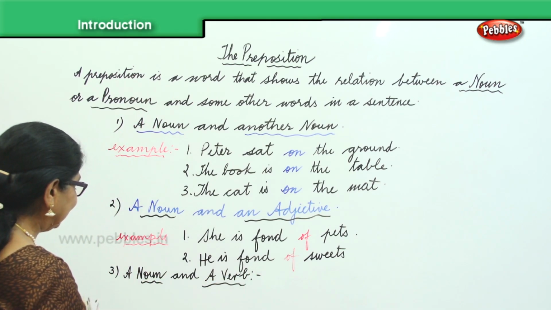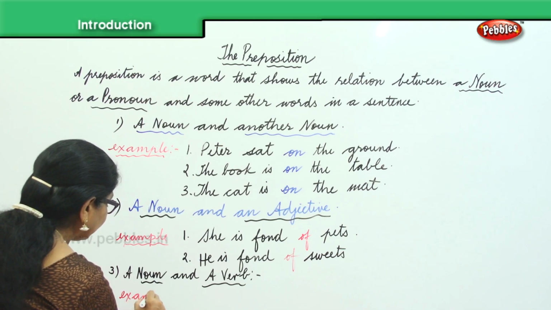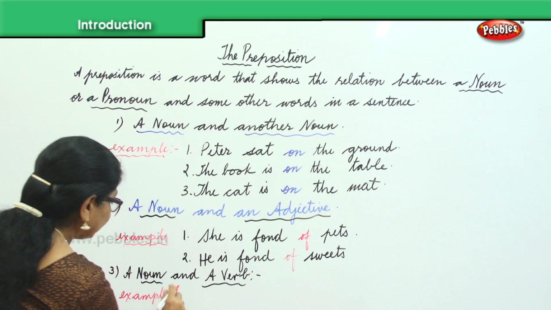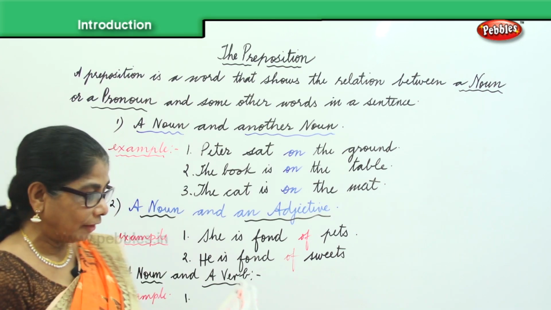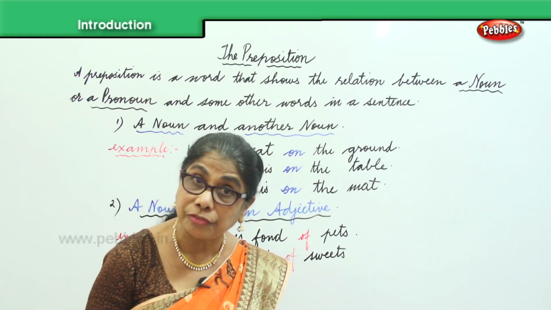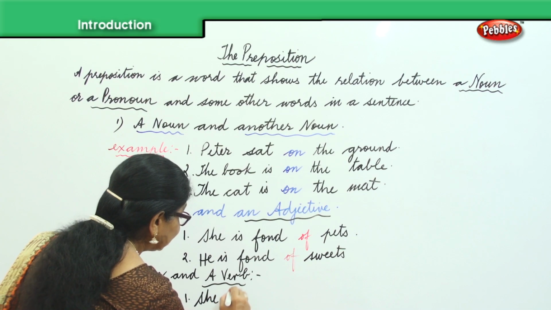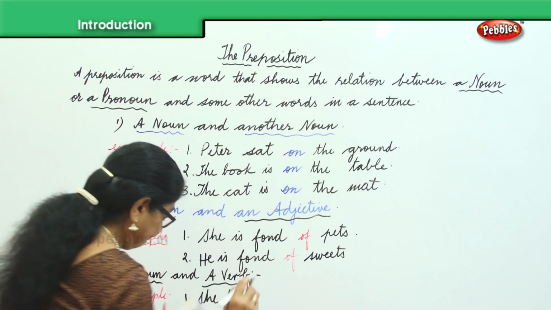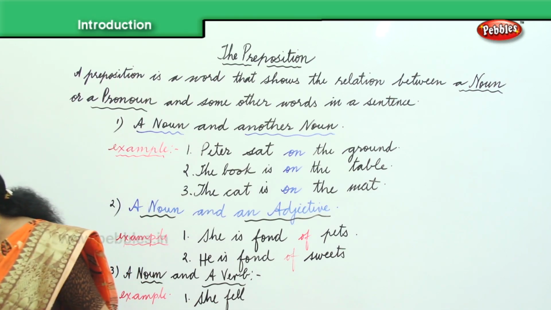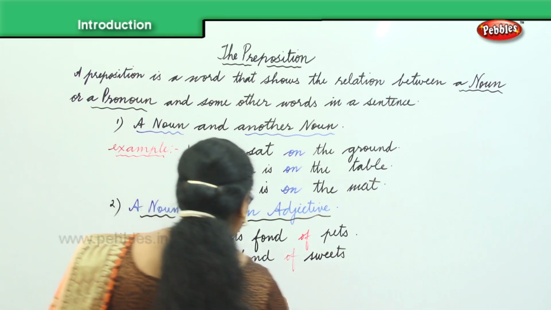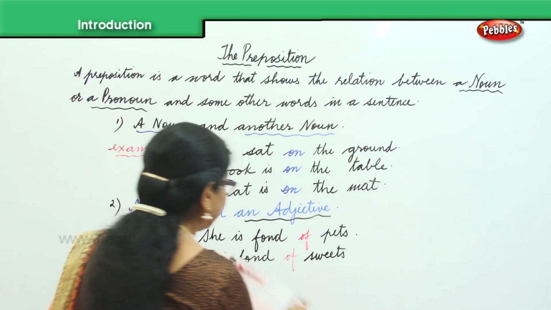And the example is, now what are the examples? First one we have here is, she fell off the chair. She fell off the chair. Off the chair.